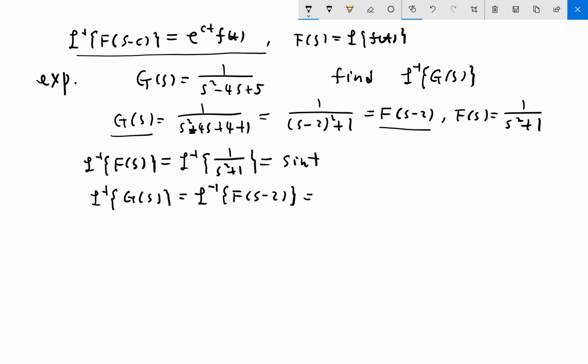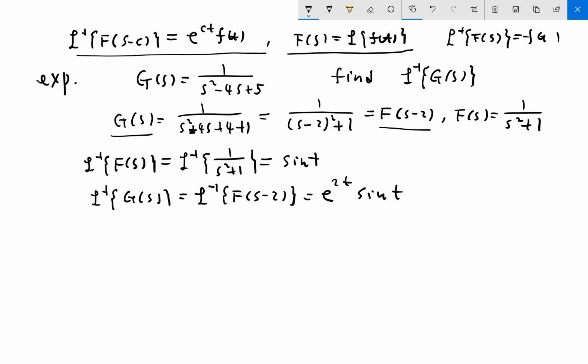It gives you e to the ct, where c here is 2: e to the 2t ft. Look at it again. This one means the inverse Laplace transform of Fs is ft. So my ft here is sine t. So we're done.